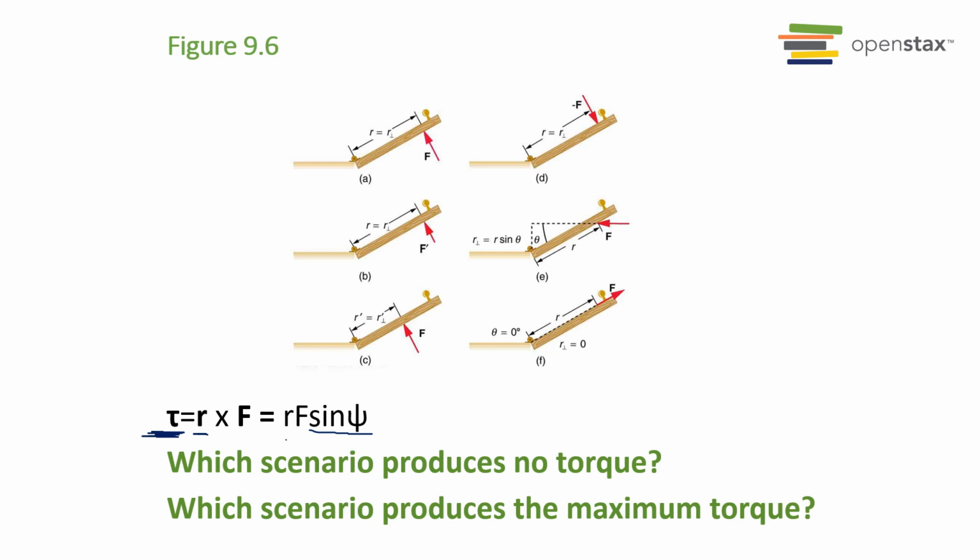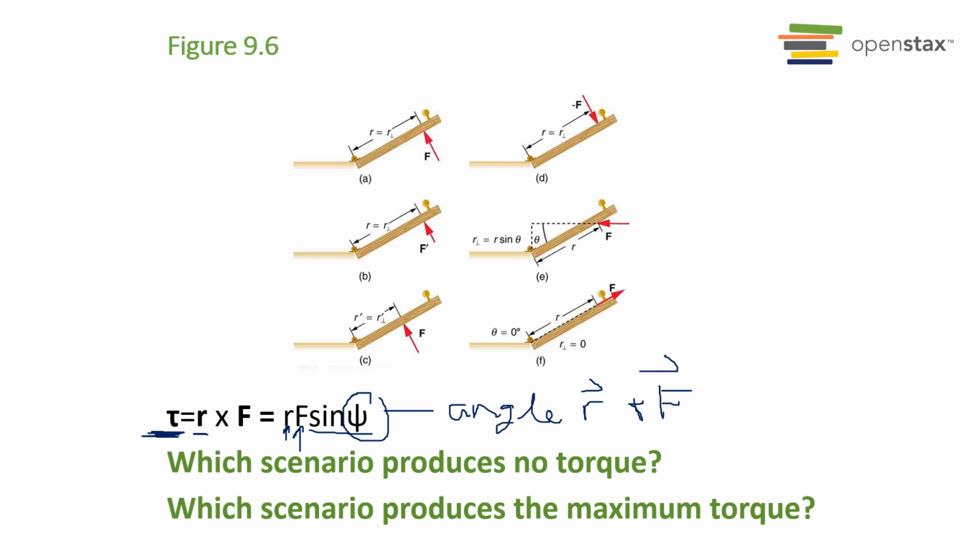So here we have the distance, the lever arm, then we apply this force. This angle is the angle between the two vectors, the angle between the lever arm vector and the force vector. I chose psi as a mental note to go back and look and see what angle you really need.